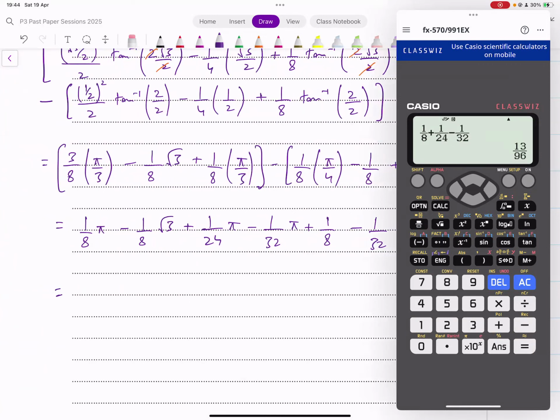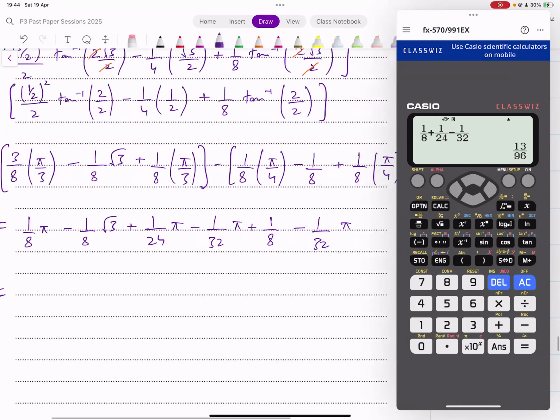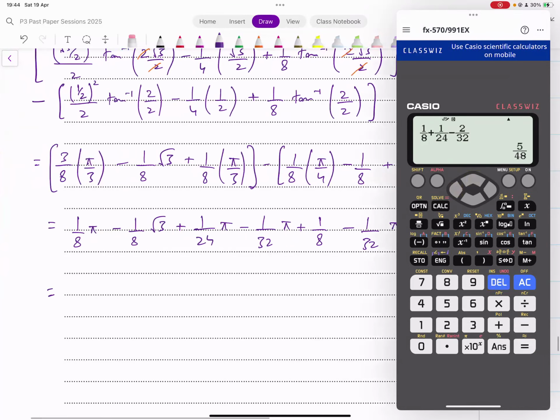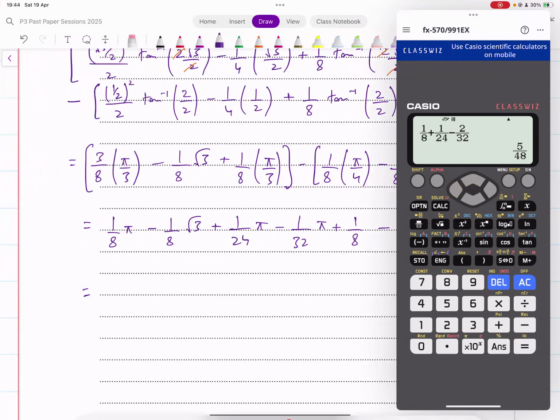Is that what you're getting? 1 over 8, 1 over 24, minus 1 over 32. There was another minus 1 over 32. That was hiding behind the calculator. So it becomes 2 over 32. That's 5 over 48, right? Okay, 5 over 48 times pi.